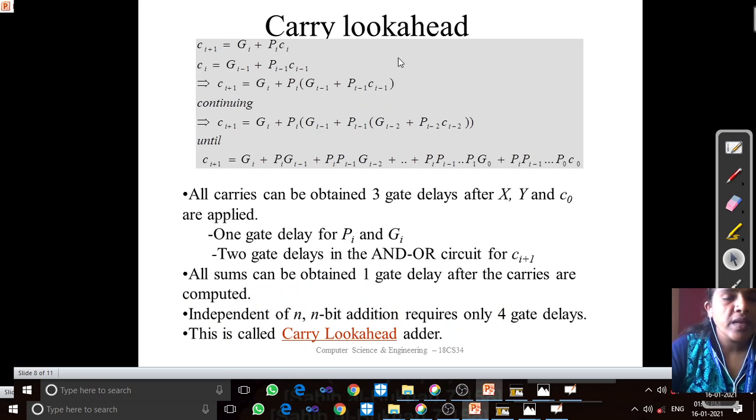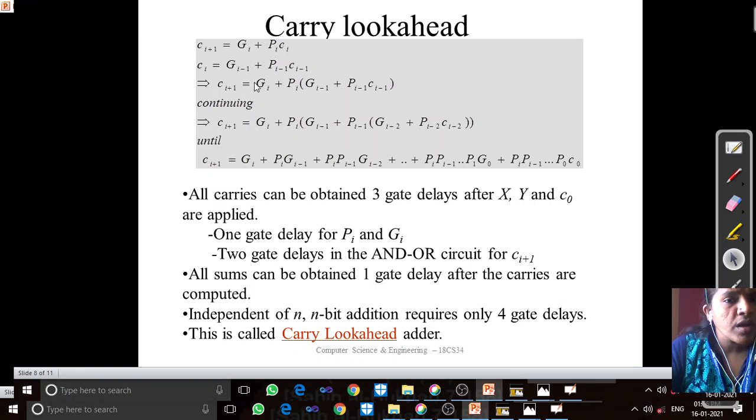Okay. Now using this concept, we'll try to design the carry look ahead adder. What is a carry look ahead adder? From the previous result, Ci plus 1 is equal to Gi plus Pi Ci. Similarly, Ci is equal to Gi minus 1 plus Pi minus 1 Ci minus 1.